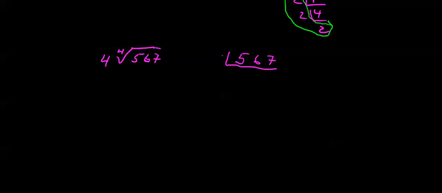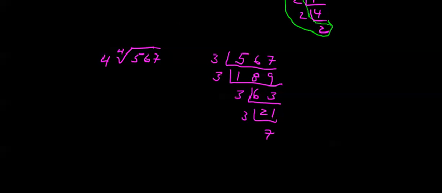And it's not even, so I'm going to try 3. 3 goes in here 189, and I know that 3 goes into 189 to give 63. 3 goes into here 21, and 3 goes into here 7.